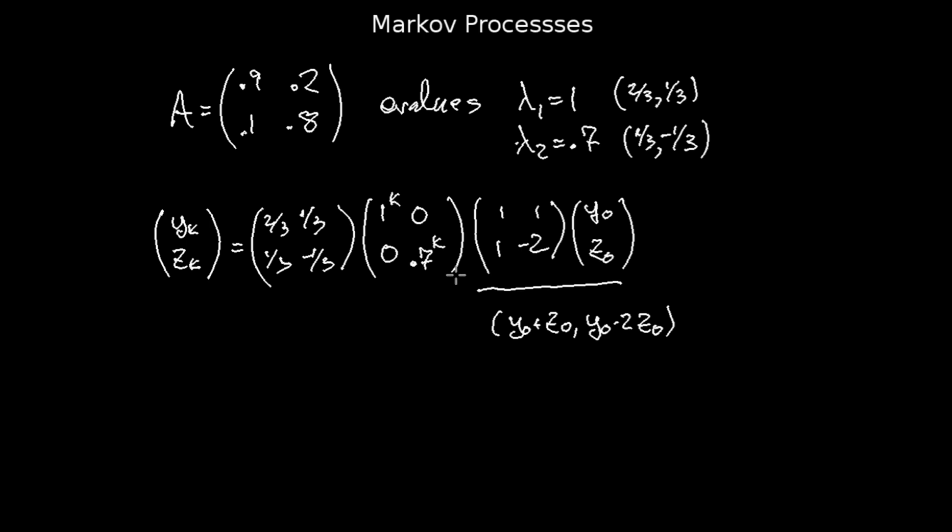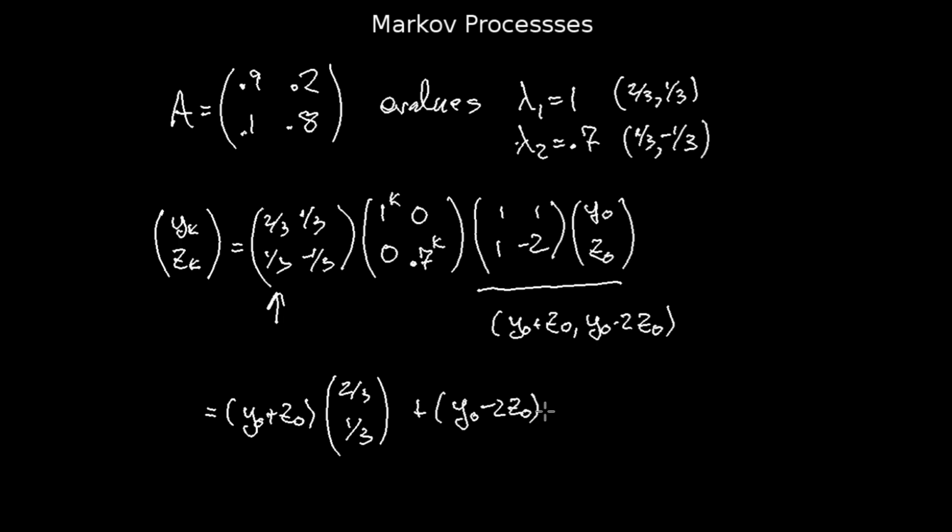And when you work this out, what you get is exactly y0 plus z0 times this eigenvector 2/3, 1/3, and that's times 1 to the k, and then the other term becomes y naught minus 2 z naught, 0.7 to the k, times this other eigenvector 1/3, minus 1/3.